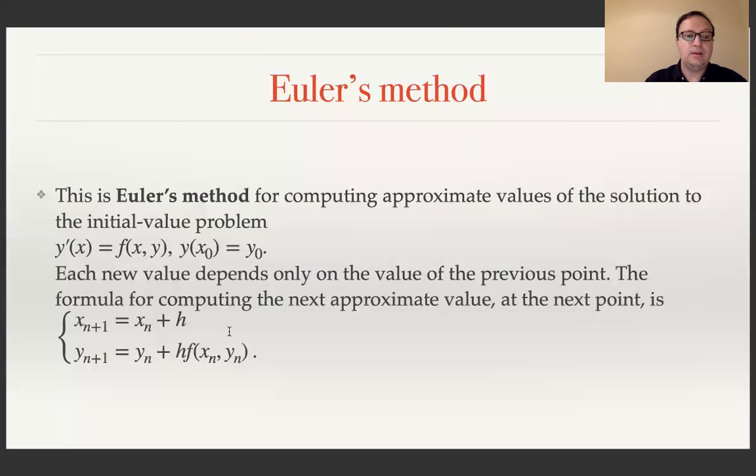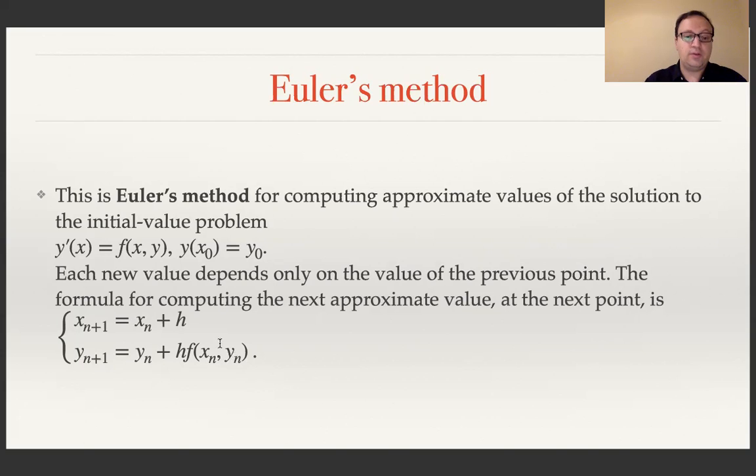In any case, this is Euler's method for computing the solution numerically. So we start at a point x0 with the initial value y0, and then we compute the values successively at points xn, such that xn is x0 plus nh.